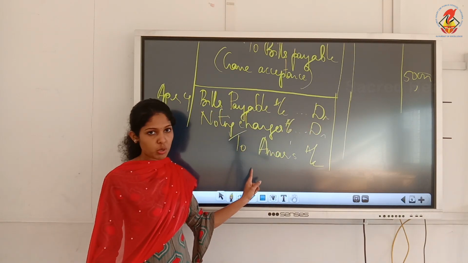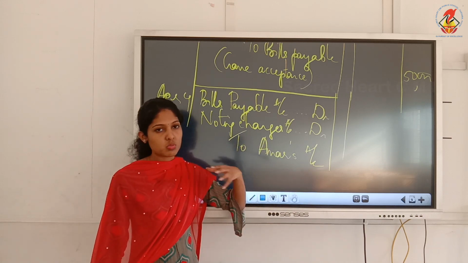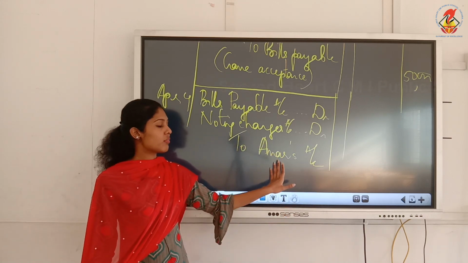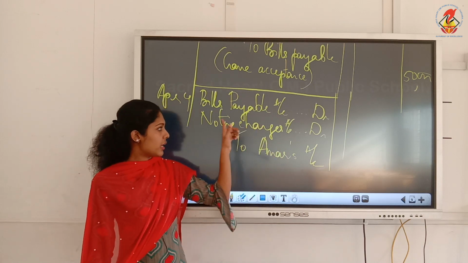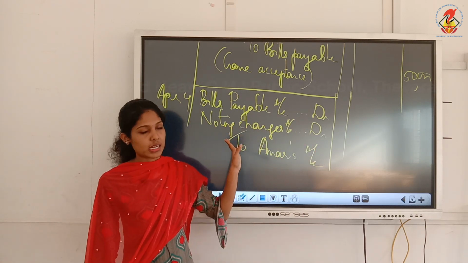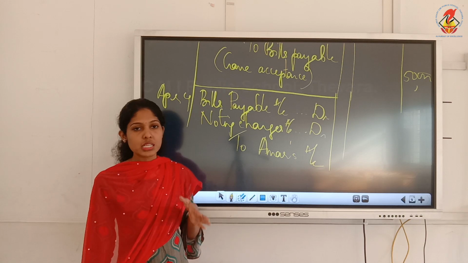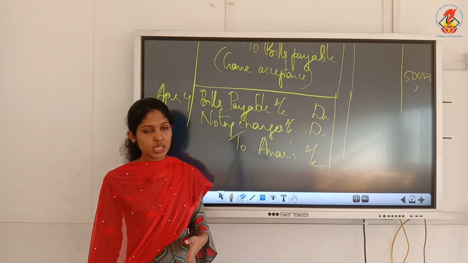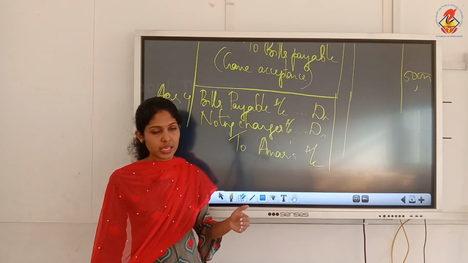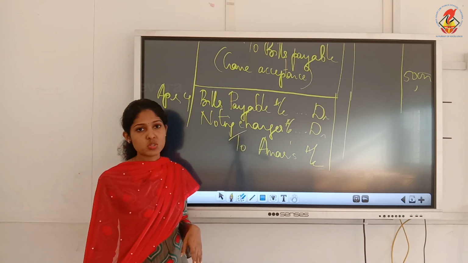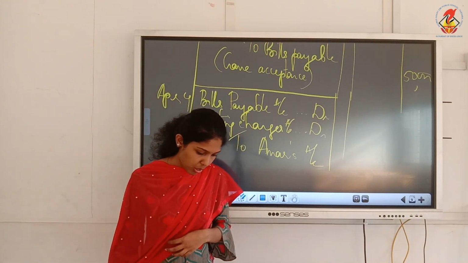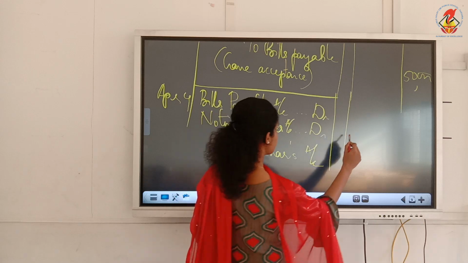Don't write to cash or bank, to Amar's account, because we are not making him the payment, so he will remain as our creditor. Then noting charges must be debited because that is an expense for the drawee. It is actually the expense of drawee, but finally it is paid by the drawer. So noting charges will be debited. Here the noting charges amount is 1,000.